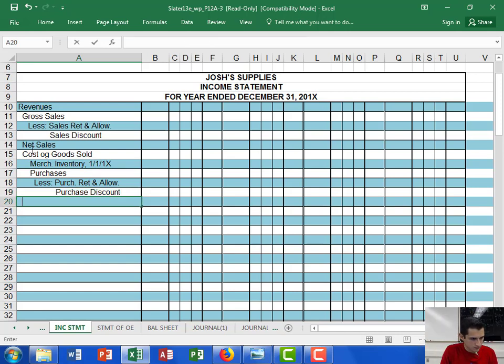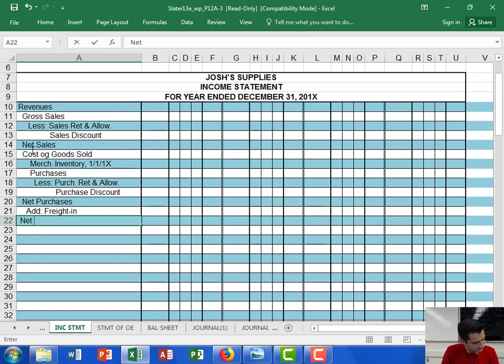To then get your net purchases. You're then going to also add in your freight in, because your freight in is part of the cost to get those purchases to you.